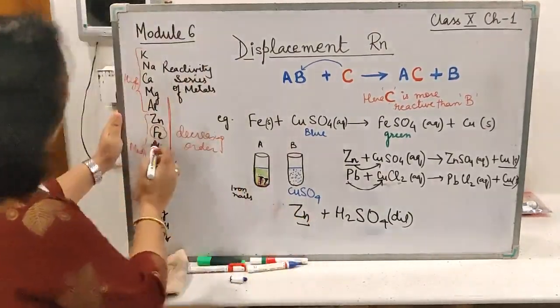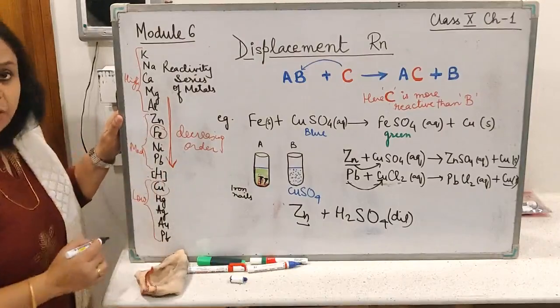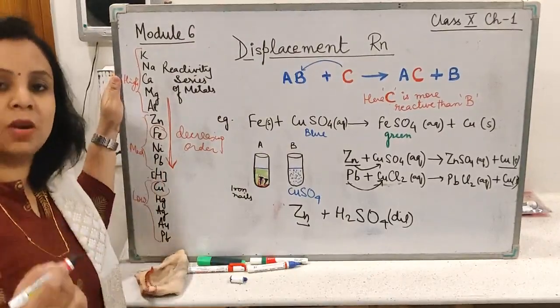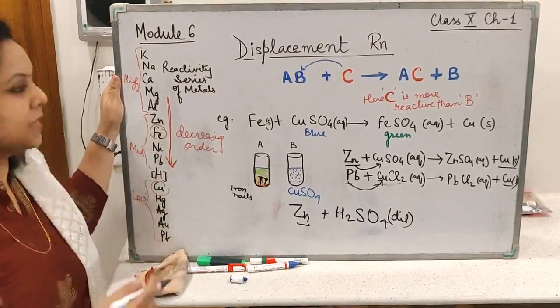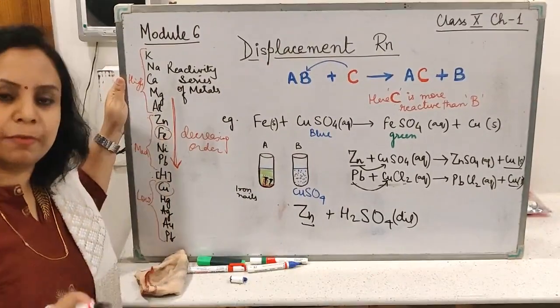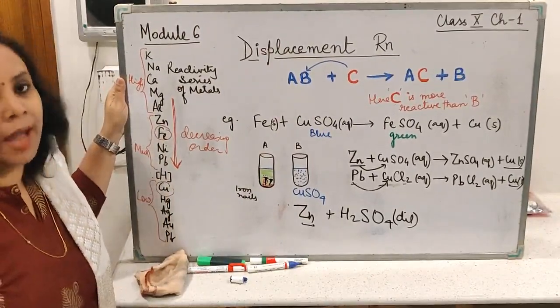Zinc being higher than hydrogen, however hydrogen is not a metal, but still it is a part of the reactivity series of metals owing to its ambiguous nature.